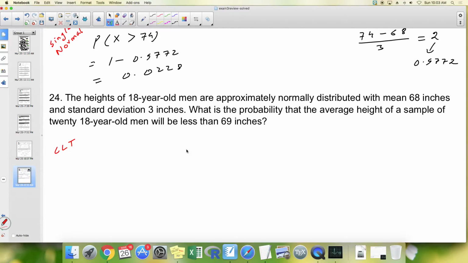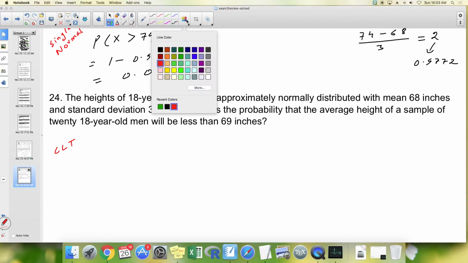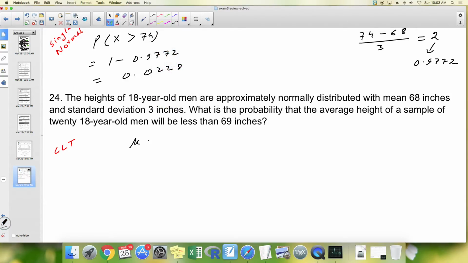Once again here also, mu is 68, sigma is 3, that's it. But now they're asking what's the probability that the average height of a sample of 20. So that means there is an n here. Here n is 20.